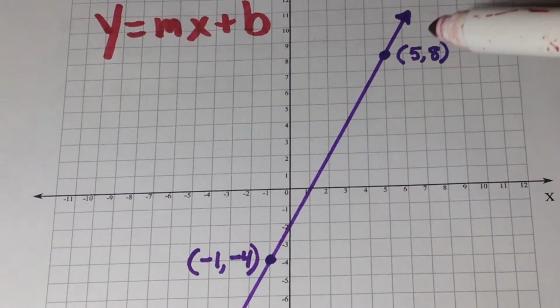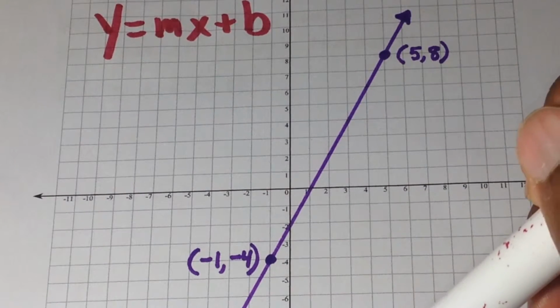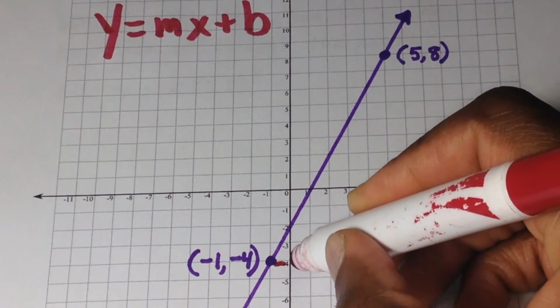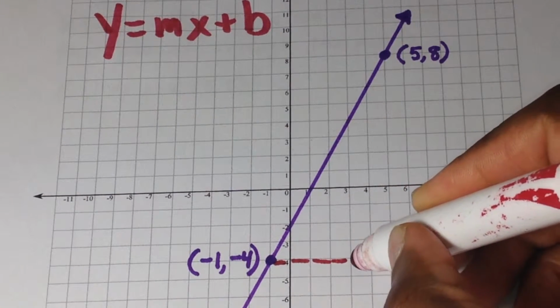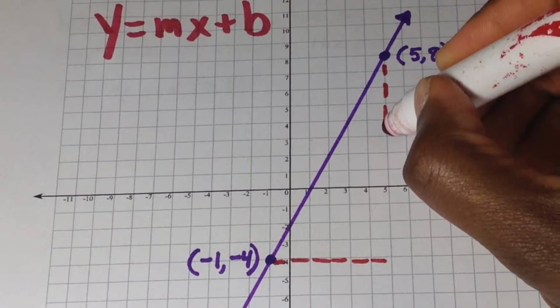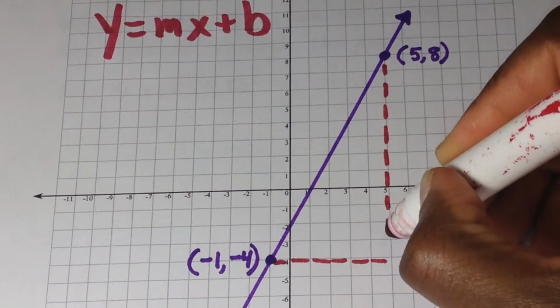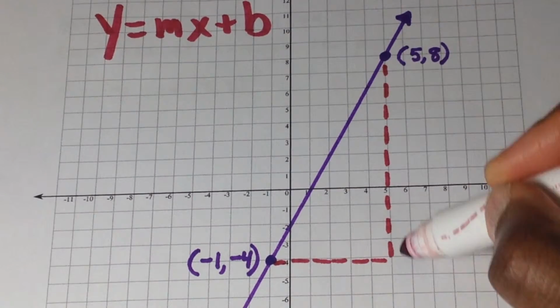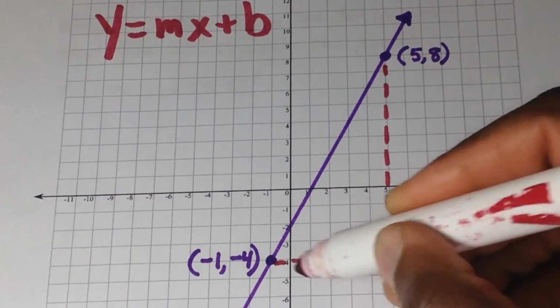When we look at it visually, we can see the slope is this here, and then we'll just go here. See that triangle that I'm making? That's the run. This is the rise. So it's rise over run.